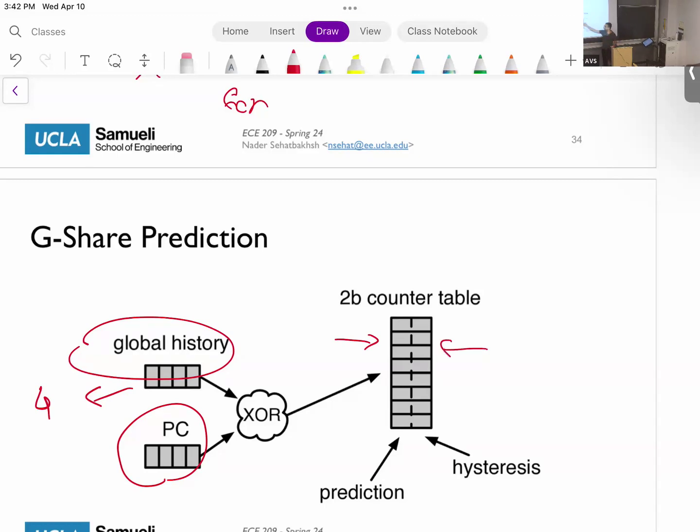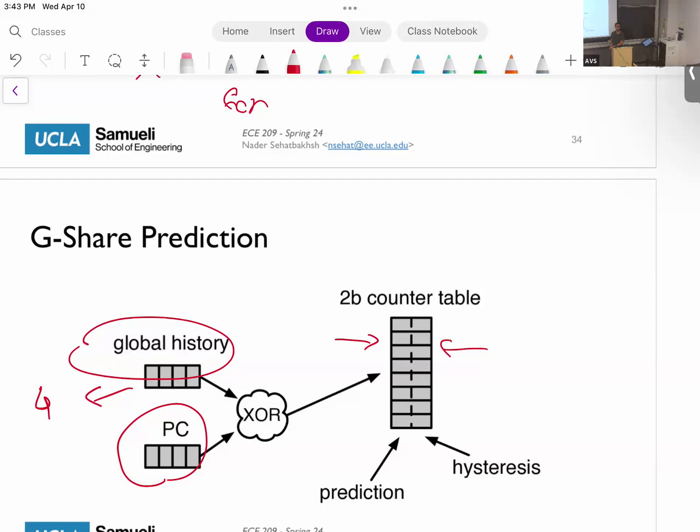The idea here is that if there is some form of correlation between what has been done before and the branch that we are looking at, this should give us that correlation. So we XOR this to then go to our bimodal and bring that out.